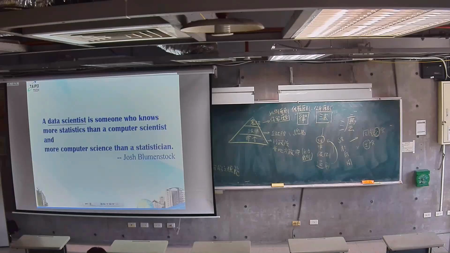Okay, this is just a sentence. I think that's interesting. A data scientist is someone who knows more statistics than a computer scientist, and more computer science than a statistician.